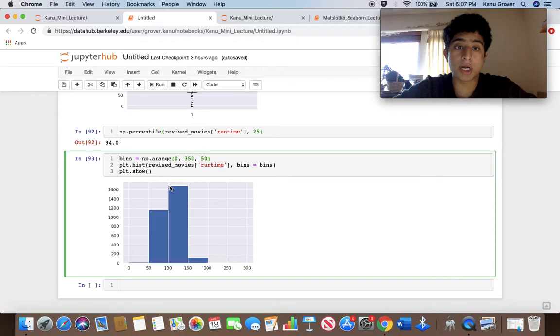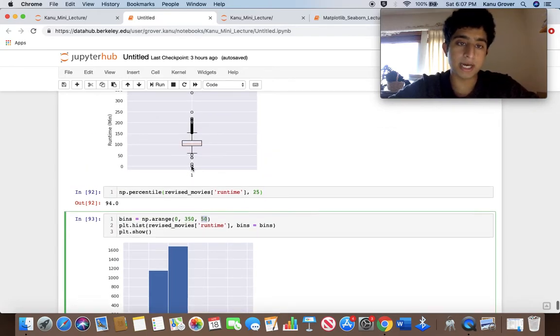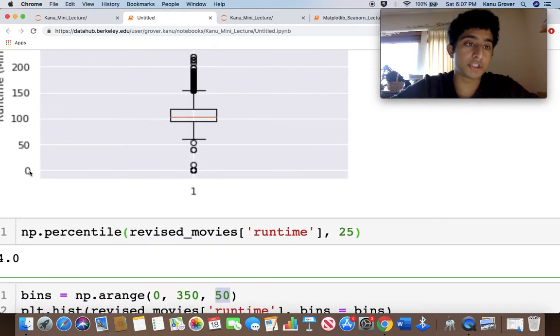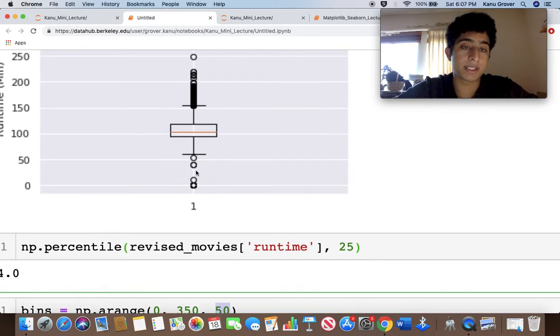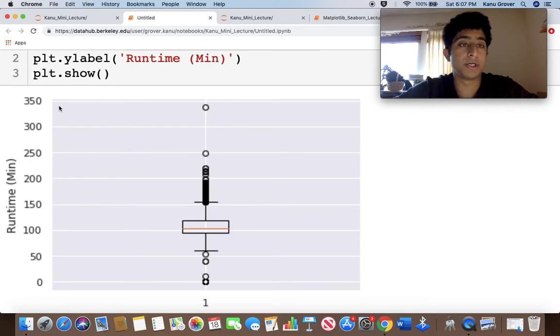We're able to construct bins of varying length through this function called np.arange, which takes in 3 arguments. The first argument is our start, the second argument is our end, and the third argument is our step size. In this case, because we drew the box plot of runtime, we can see that the movie with the shortest runtime has the minimum of 0 minutes. The movie with the largest runtime has a runtime of almost 350 minutes.